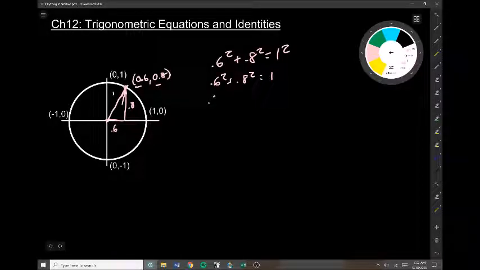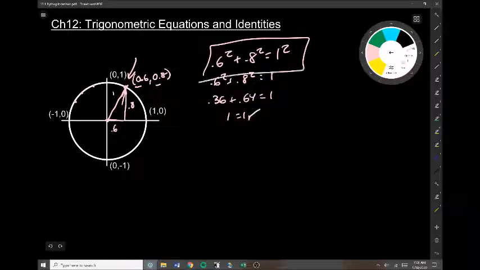Well, 0.6 squared is 36 hundredths, 0.8 squared is 64 hundredths. Those put together do give us 1, which means that this point is on the unit circle. What that also means is every single point on the unit circle, if I ran its Pythag, would come out to 1.